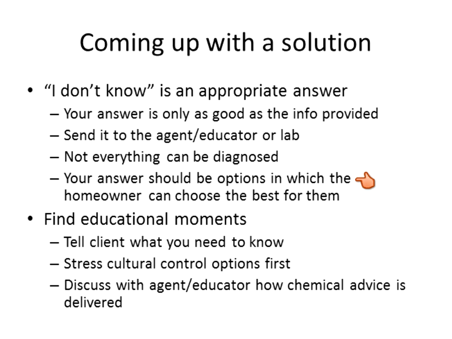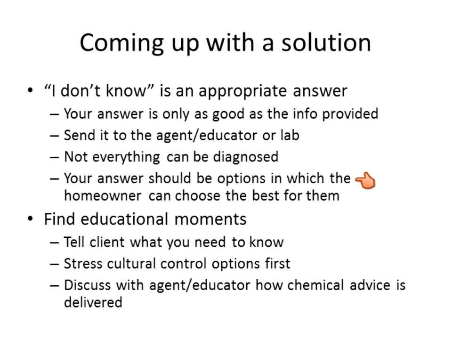Your answer should be options from which the homeowner can choose the best for them. You're not telling somebody what to do. You're giving them the options from which they can choose what is right for them. If they want to use a synthetic pesticide, that is their option.